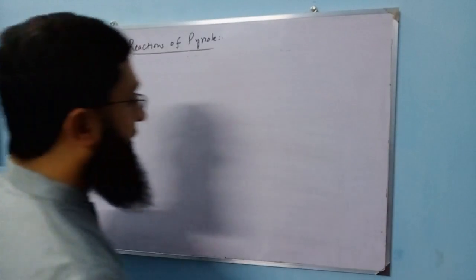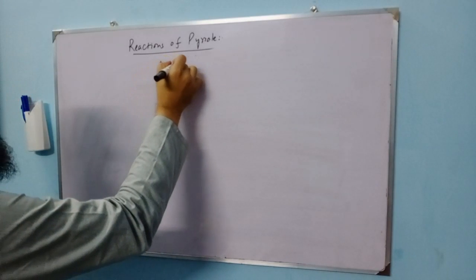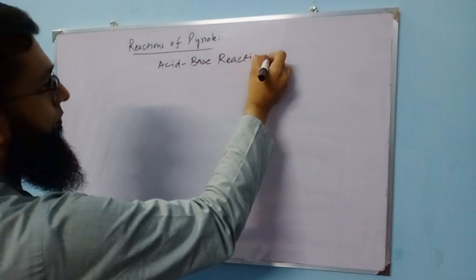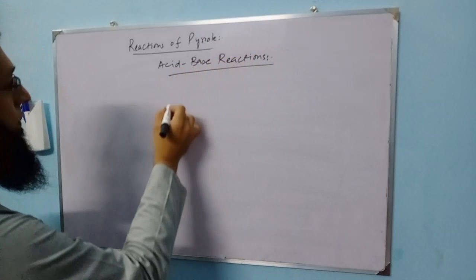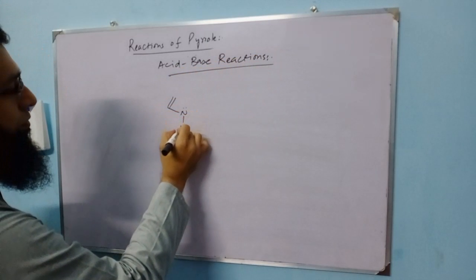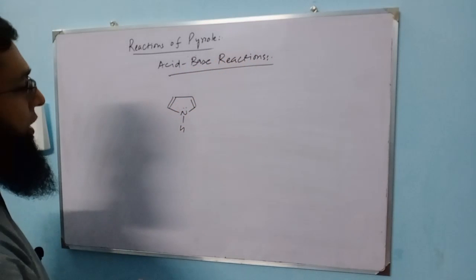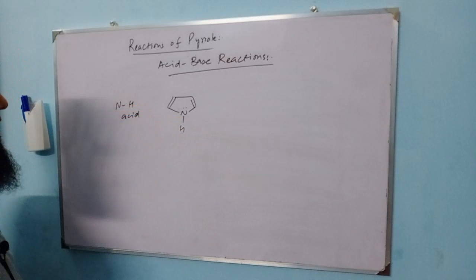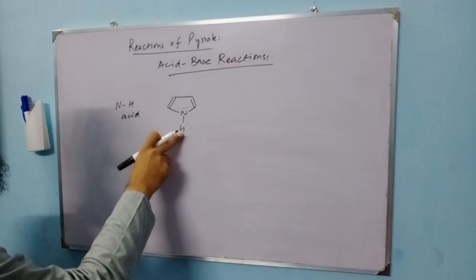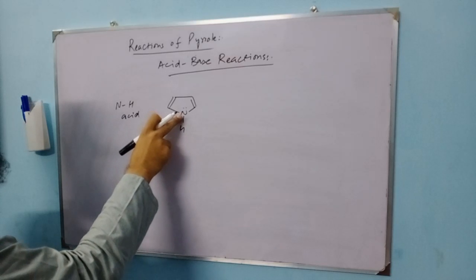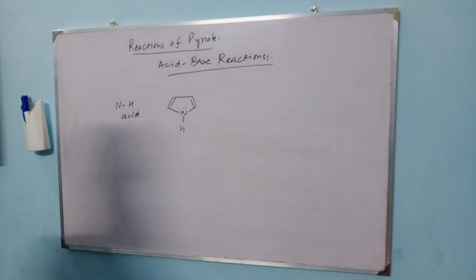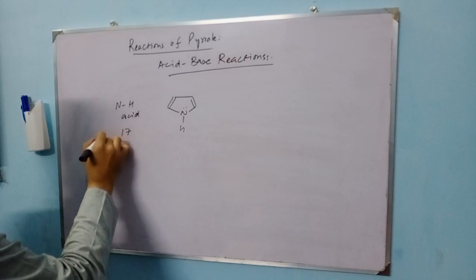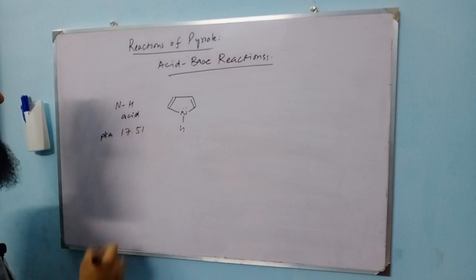Now next is acid-base reactions. Pyrrole behaves as an NH acid because the proton to be abstracted resides on nitrogen, and when nitrogen donates a proton, it is called NH acid, and its pKa is 17.51.